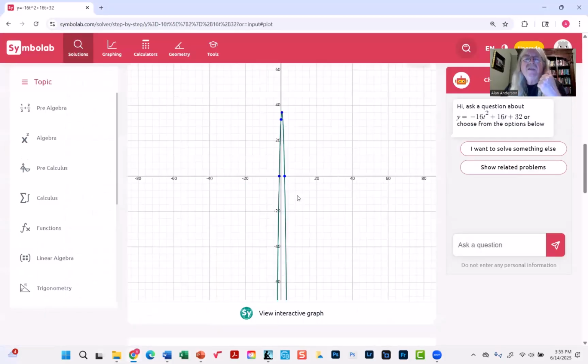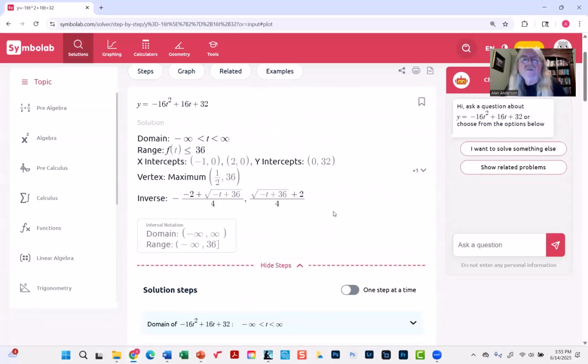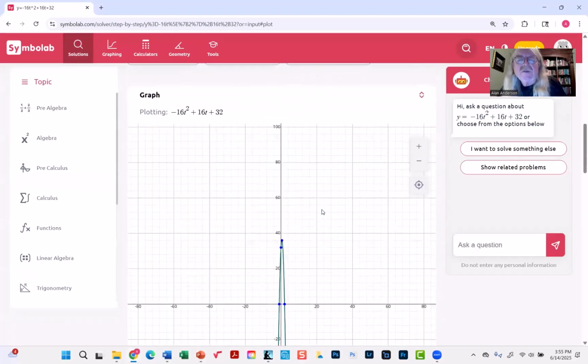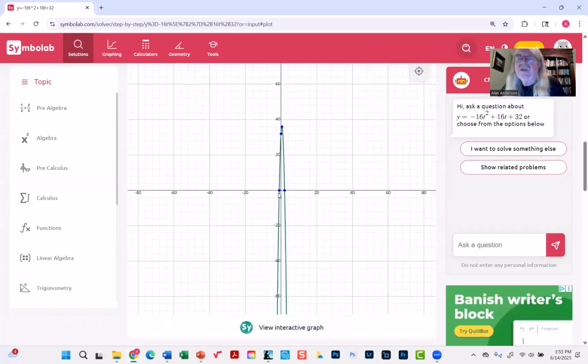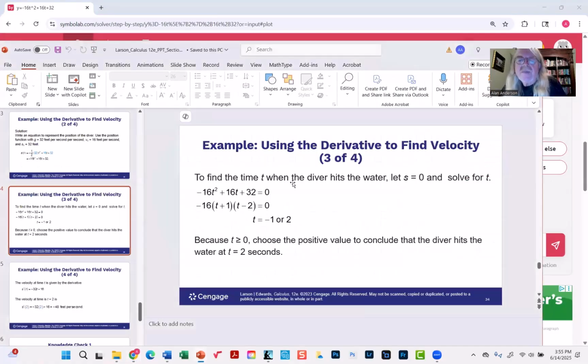Yeah, up and down. Now, of course, if you look carefully, you'll see yes, there are two solutions, but because this is a physical application, the t can't be negative. And they're pointing that out here as well. So in other words, it has to be 2. You're going to be hitting the water at 2 seconds, not negative 1 seconds. All right, fine.